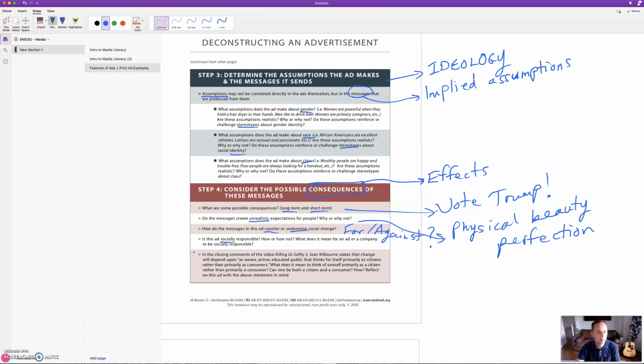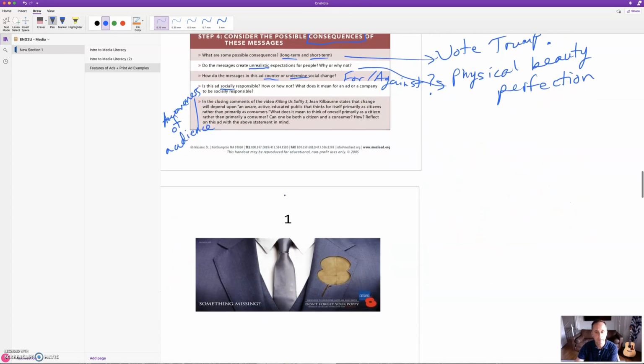So in a sense, there's an awareness for the audience that's necessary to judge or evaluate the media, which is what this paragraph talks about. So 4 steps to help you dig much deeper into the ads.